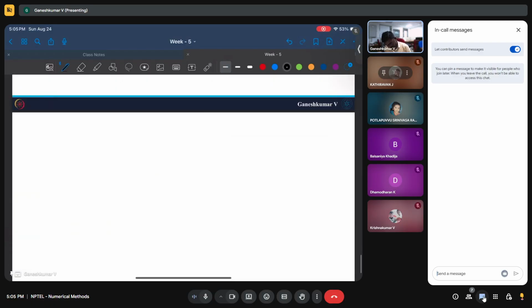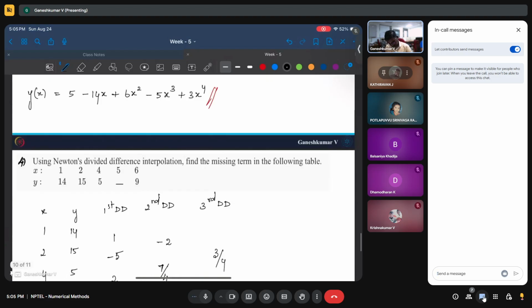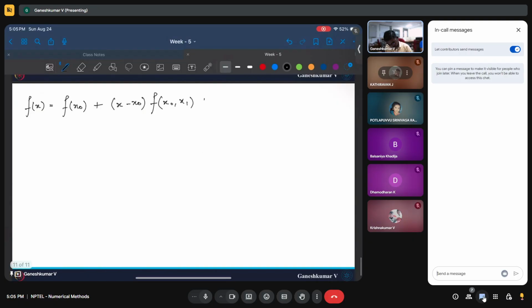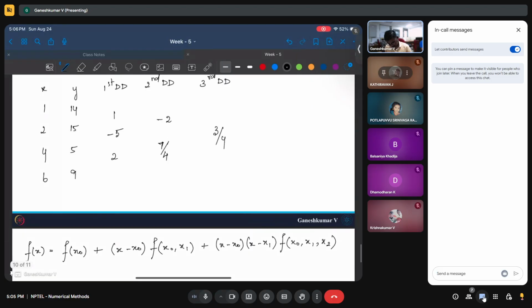Now we can just simply write f of x. f of x is f of x naught plus x minus x naught times f of x naught x1, correct? Plus x minus x naught, x minus x1, times f of x naught x1 x2. How many do we have? x naught, x1, x2, x3.